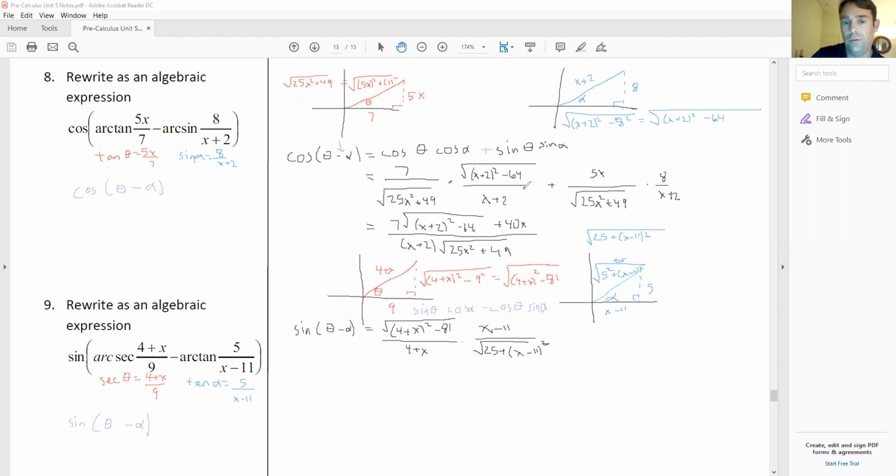So minus cosine theta, so 9 over 4 plus x, times sine of alpha. So x minus 11, I lied, 5 times the square root, or over the square root of 25 plus x minus 11 squared.